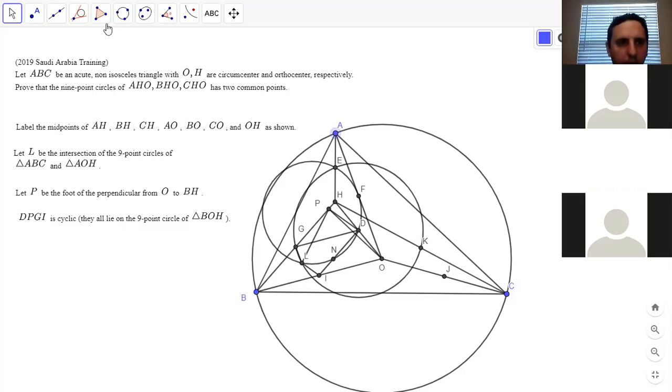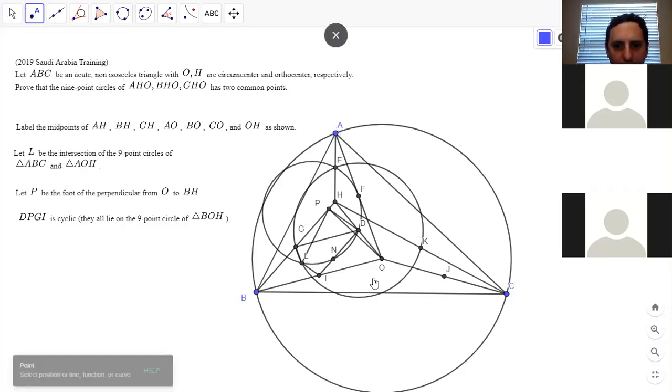So actually, if we draw this point right here, FDLO is a parallelogram, right?